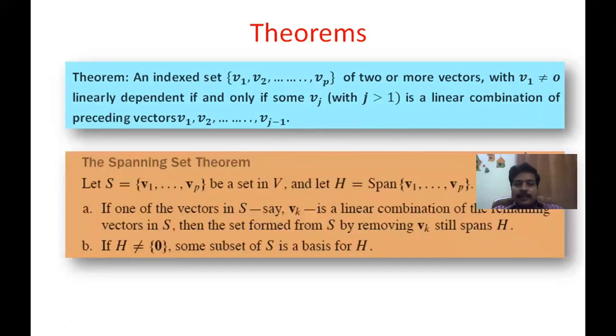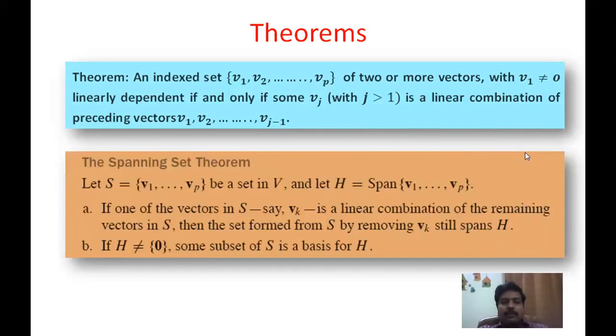And this is the spanning set theorem. Let S is equal to set of V1, V2 and so on Vp be a set in a vector space V, and H is equal to span of V1, V2 and so on Vp. If one of the vectors in S, say Vk, is a linear combination of the remaining vectors in S, then the set formed from S by removing Vk still spans H. So there will be no loss if a vector which is a linear combination of other vectors is removed.